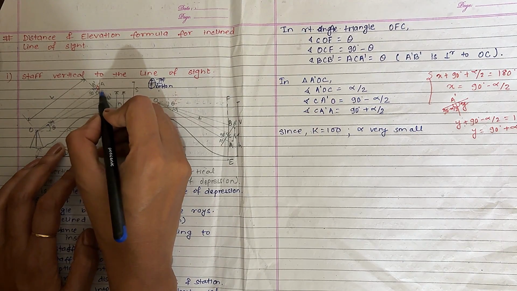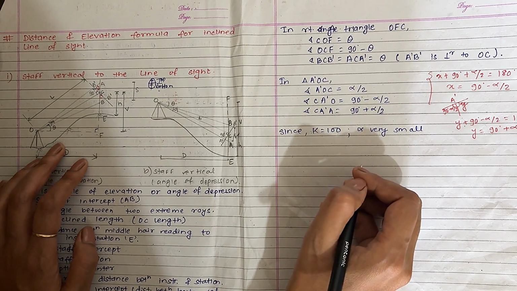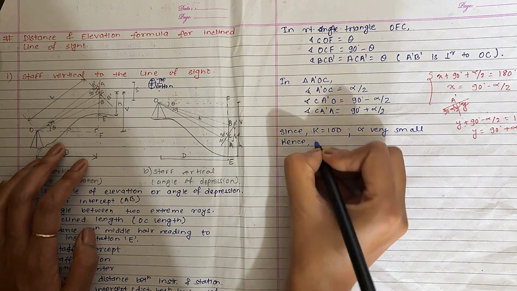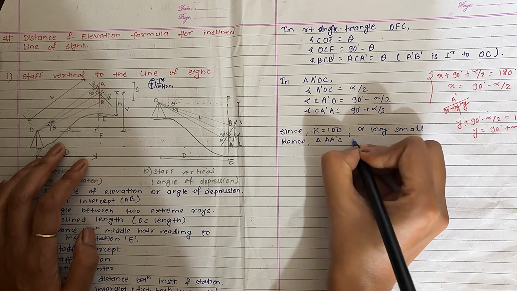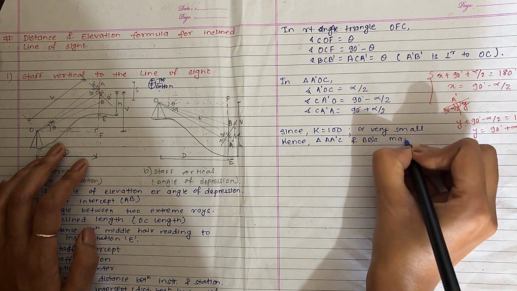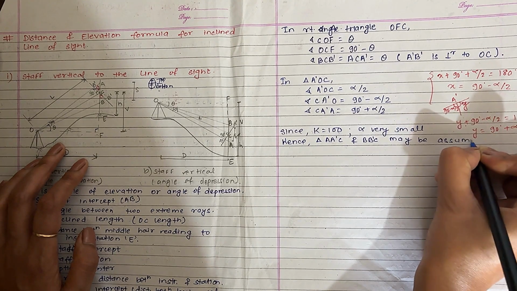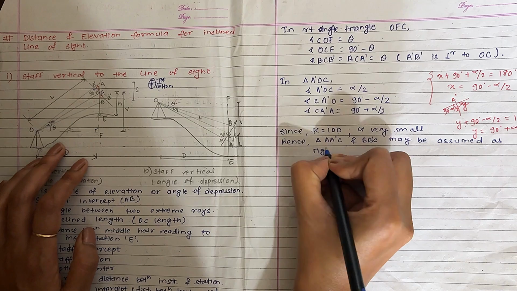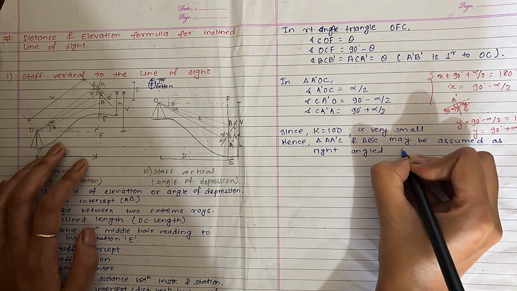Hence the triangles A dash C and B dash C may be assumed as right angled triangles.